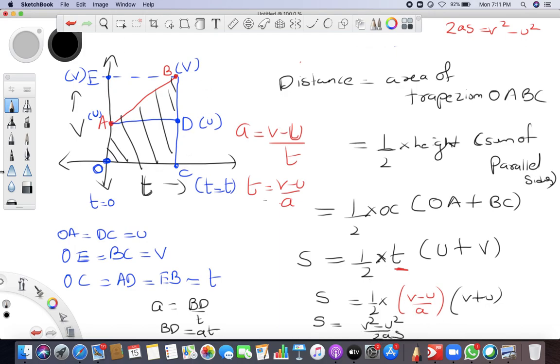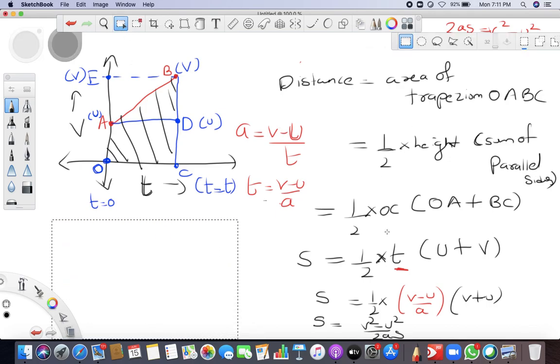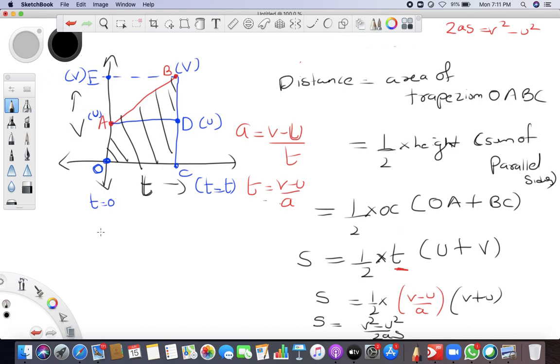Right? If I just erase this and write down here, we get S is equal to V square minus U square upon 2AS. Sorry, not 2AS, 2A, right? Because in the denominator it is 2A.